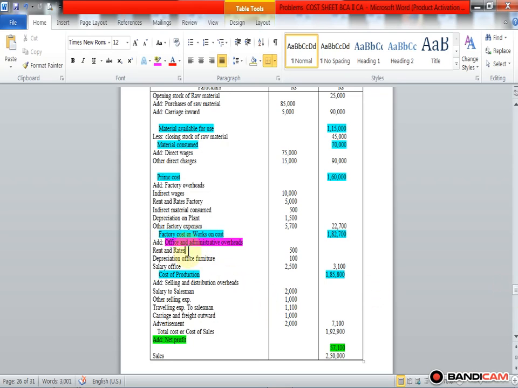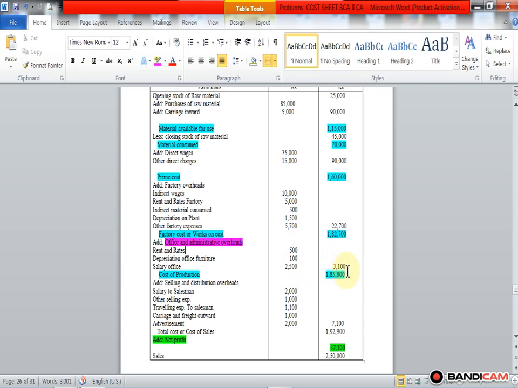So rent and rates rupees 500, depreciation on office furniture rupees 100, and salary office rupees 2,500. These three items are related to office and administration overhead, so we make the total of these three items and write it in the outer column.